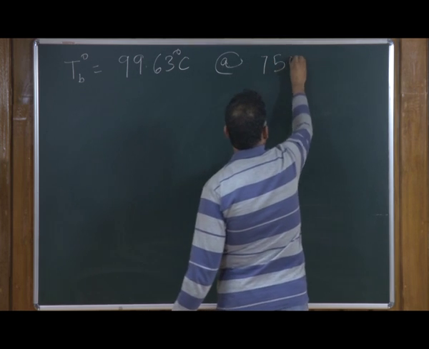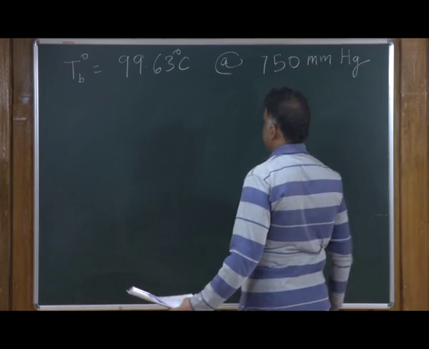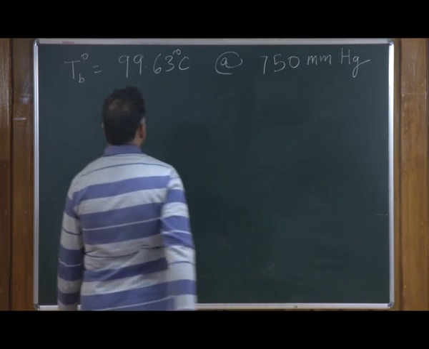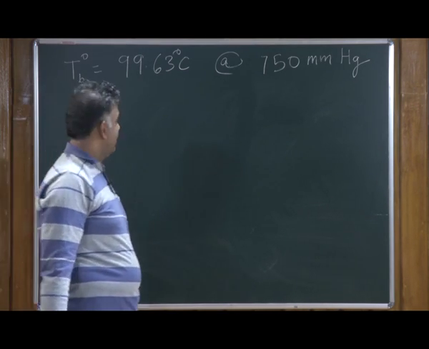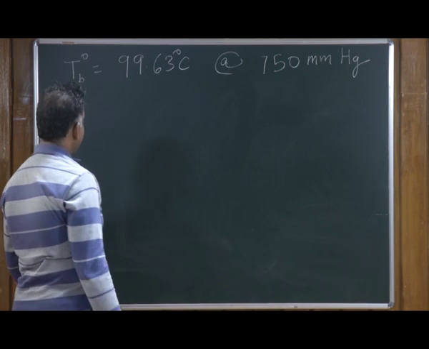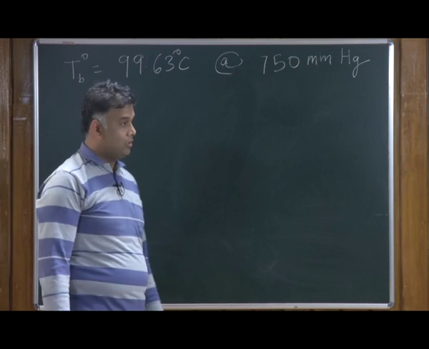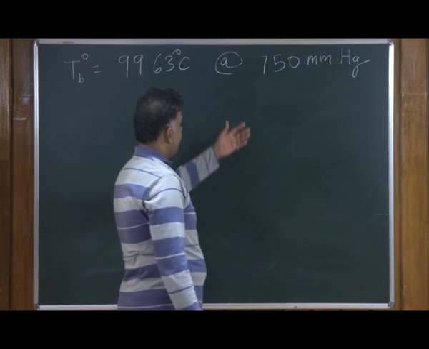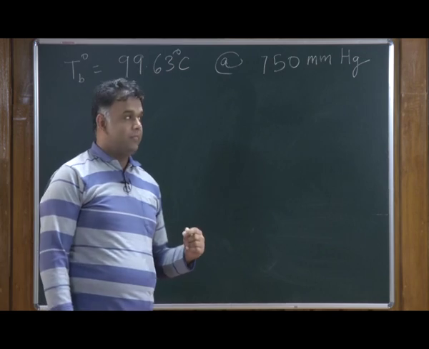at 750 millimeter Hg. Of course, one might wonder how come this boiling point of water is changing. We know as we go at the higher elevation at some hill station, the boiling point of water changes. It boils at lower temperature, and that is due to the external pressure. The normal boiling point is defined at 1 atm.